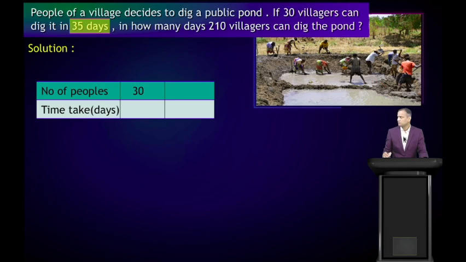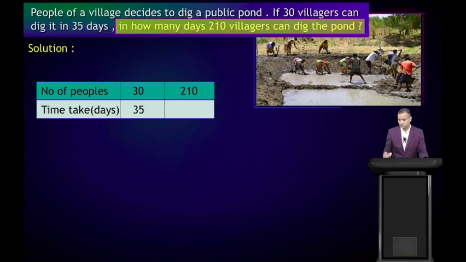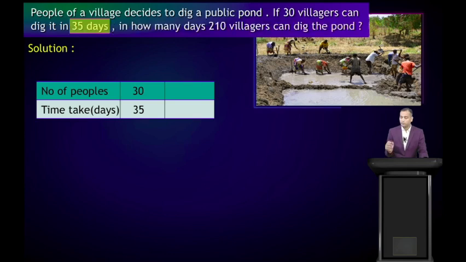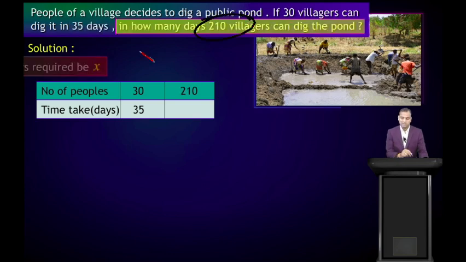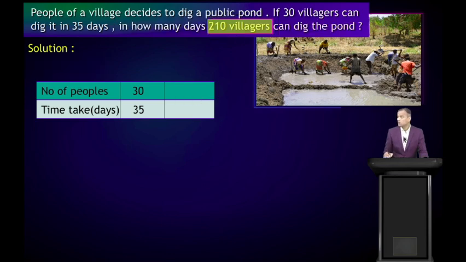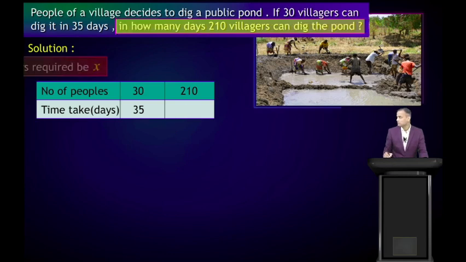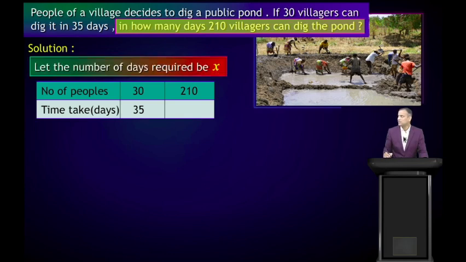That's how you can fill this table. Now the number of people given is 210, so we can put 210 here. But the time taken is not given in the question, so we have to find this. We will take it as x. Let the number of days required be x.